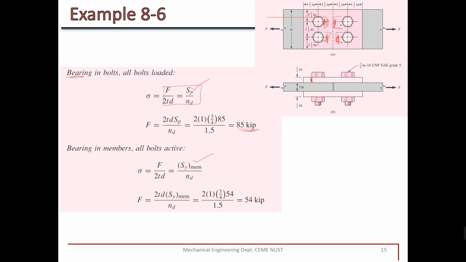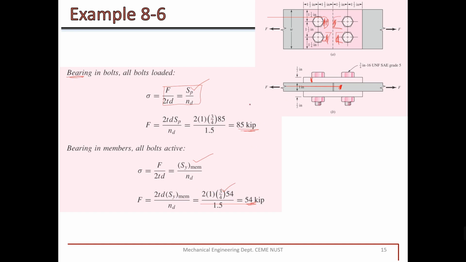So it is dia into depth, which is T in this case. For this plate, because we are talking about this member, we get 1 into 3 by 4, which is the dia of bolt. All the equations are the same, so we get 54 kip.